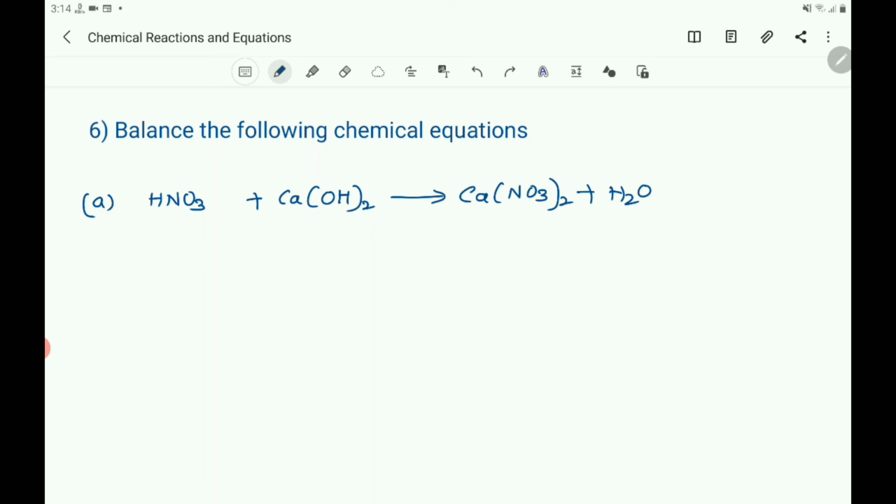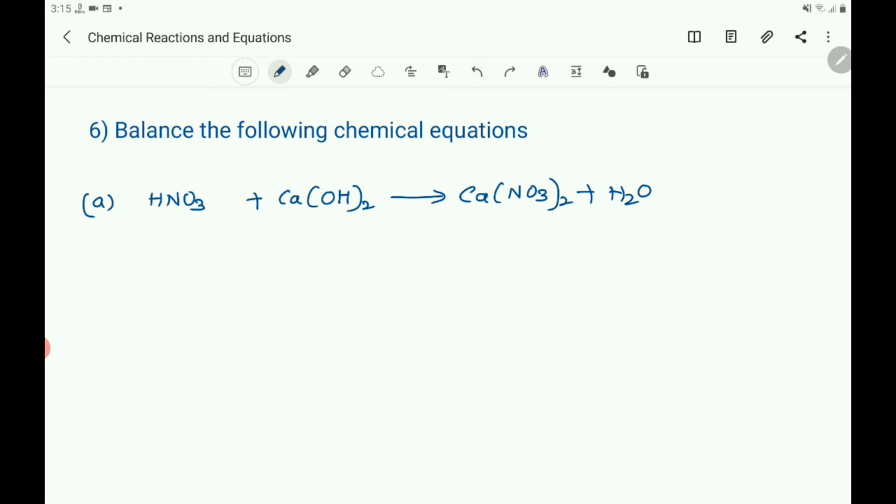Now to balance it, find the compound which has the maximum number of elements, that is Ca(NO3)2, calcium nitrate, and in that, oxygen atoms: 3 into 2, 6 atoms are there.